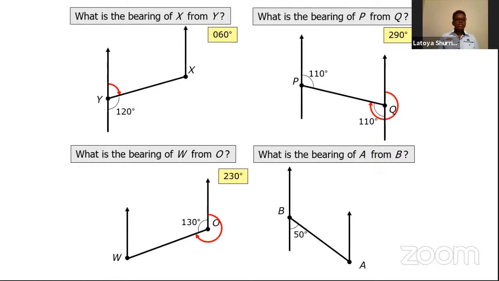Any responses for the bearing of A from B? Micah is saying 130 degrees.